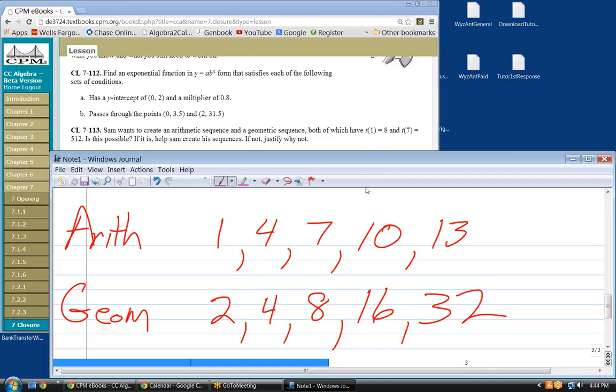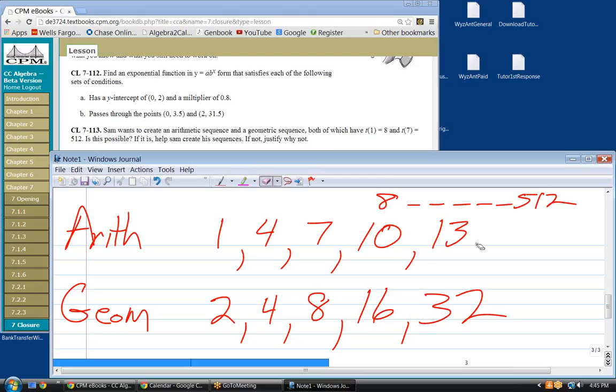Okay, so he wants a sequence where the first term is 8 and the 7th term is 512. Now you understand that's what T of 1 means? I didn't know that. Yeah, that means the first term in the sequence, and I've written an 8 because he says he wants to build it with 8 and 512.